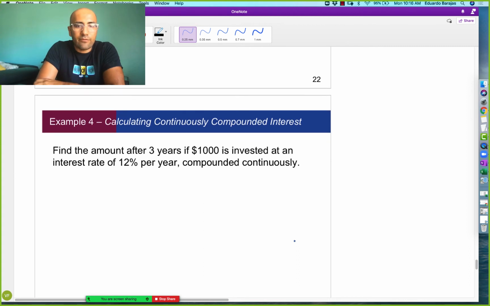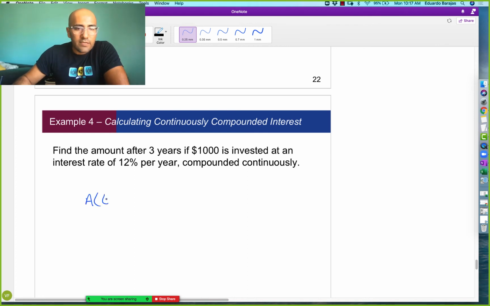Find the amount after 3 years if $1,000 is invested at an interest rate of 12% per year, compounded continuously. So we saw what happened before when we invested $1,000 and compounded it every 3 months, compounded daily. So we saw what those results were before. But now if we want to compound it continuously, then the formula becomes this.